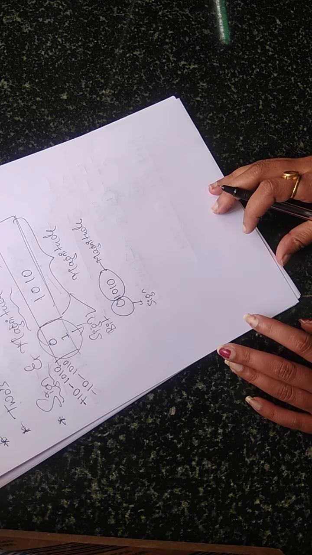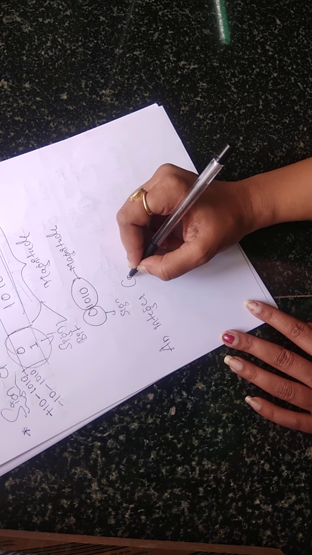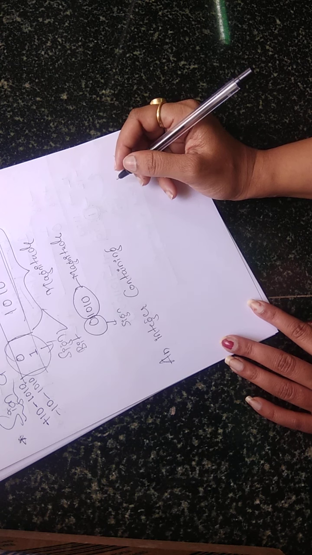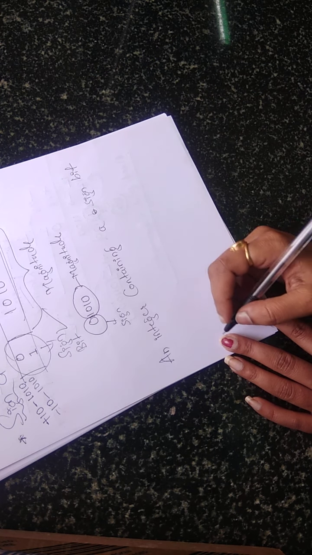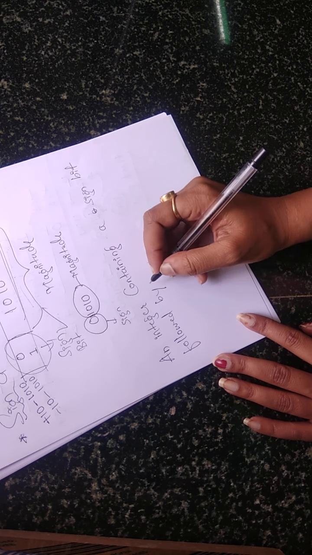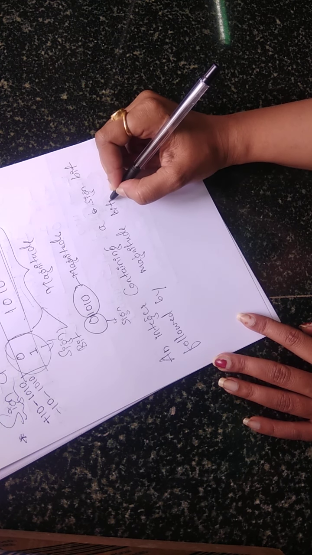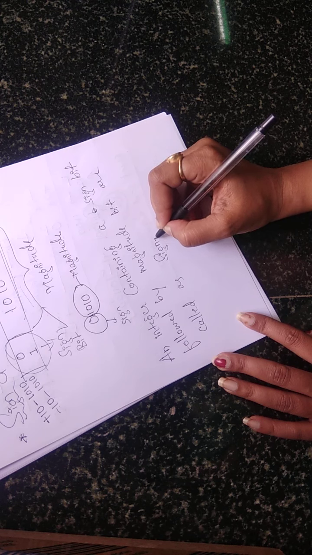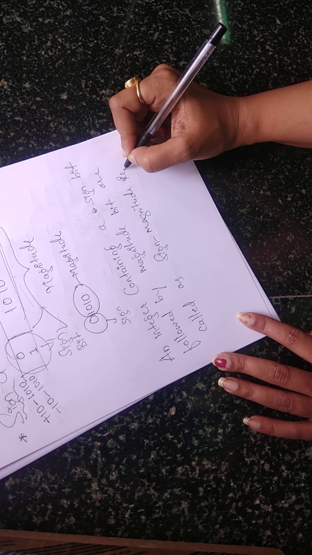An integer containing a sign bit followed by magnitude bits is called the sign and magnitude, or sign magnitude, integer representation.